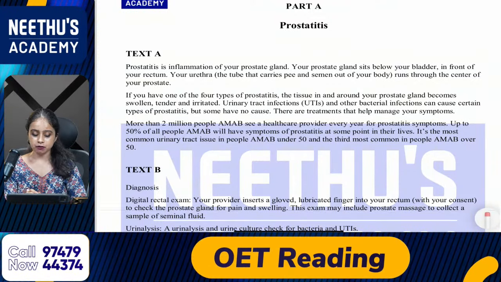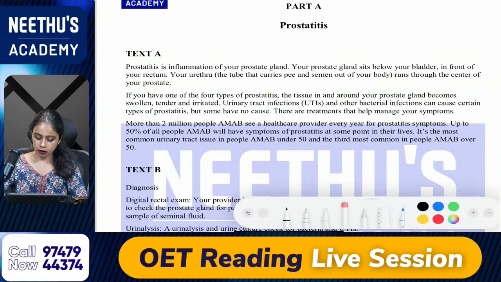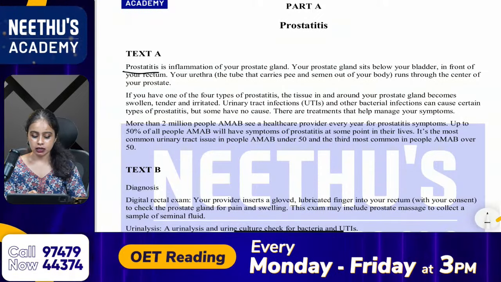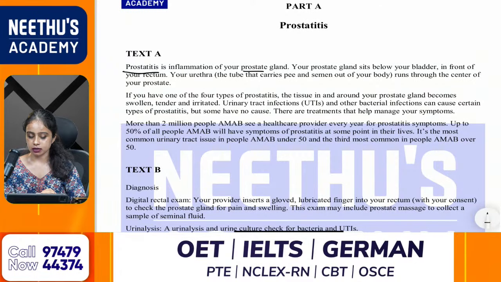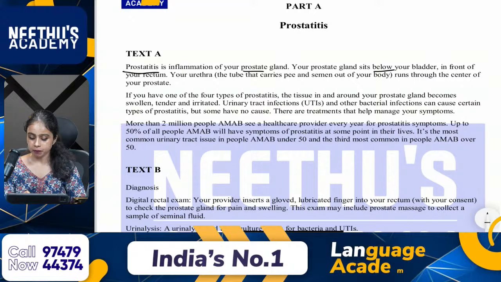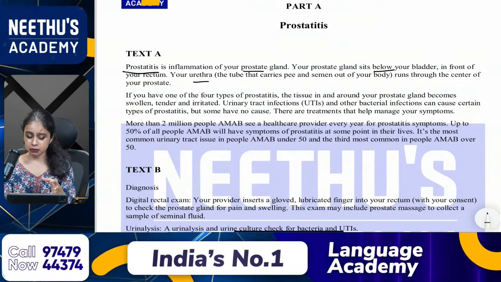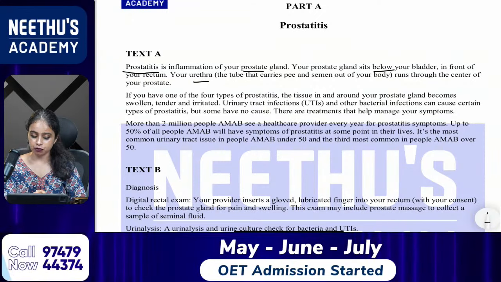Prostatitis is inflammation. Prostatitis is the first keyword which I am marking, because that is the name of the condition. Prostatitis is inflammation of your prostate gland. Your prostate gland sits below your bladder, in front of your rectum. Your urethra, the tube that carries pee and semen out of your body, runs through the center of your prostate.